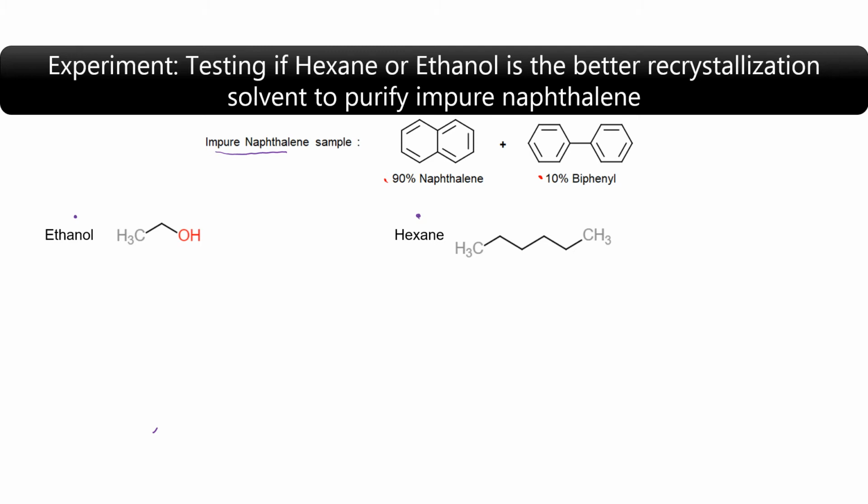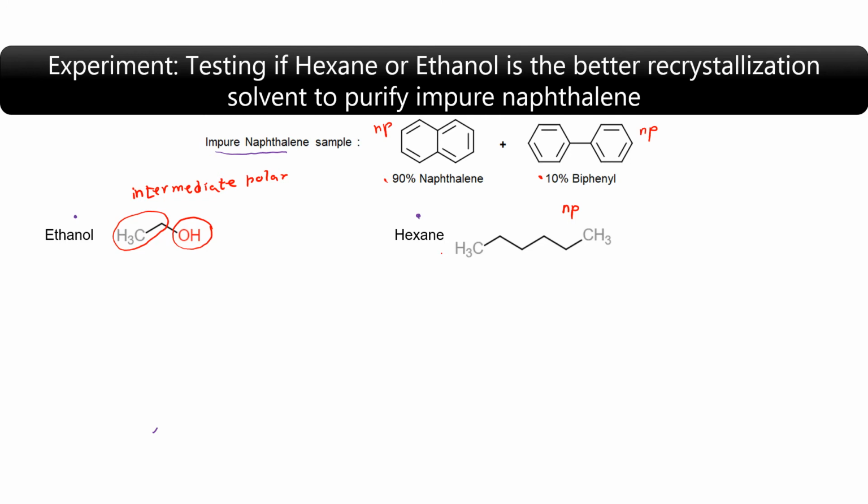If we compare the polarity properties of naphthalene, biphenyl, ethanol, and hexane, we see that naphthalene is mainly nonpolar, biphenyl is mainly nonpolar, hexane is nonpolar, and ethanol is intermediate polar because it has this ethyl group and it also has this OH group. The OH group gives this molecule a polar property, while the ethyl group can serve as a nonpolar part of this molecule.